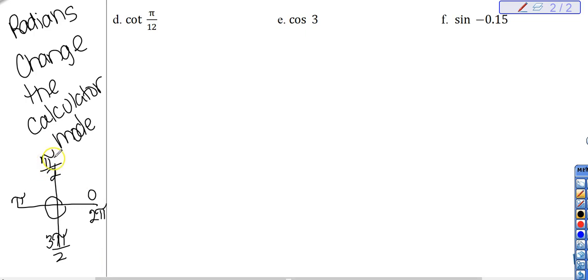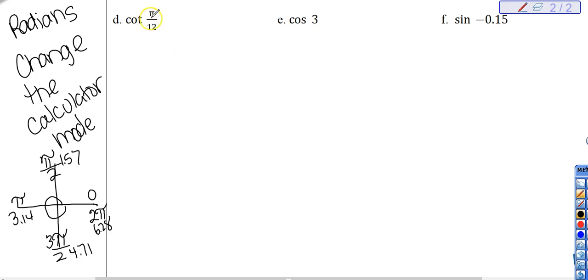So pi divided by 2 is 1.57. Pi is 3.14. 3 pi over 2 is 4.71. And 2 pi is 6.28. Sometimes it's useful to change things to decimal.